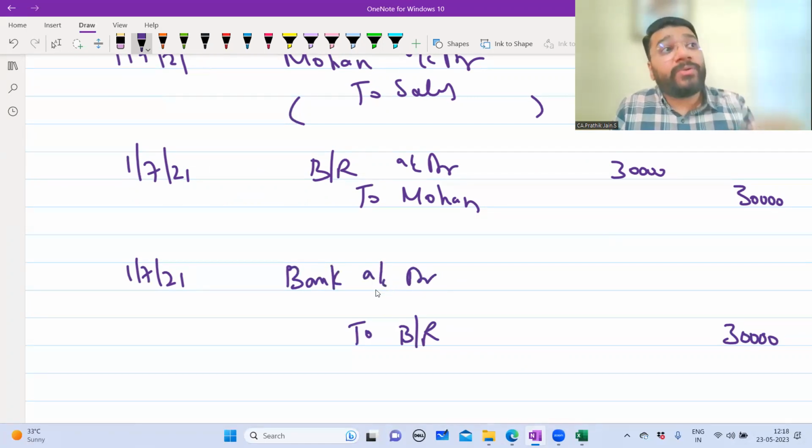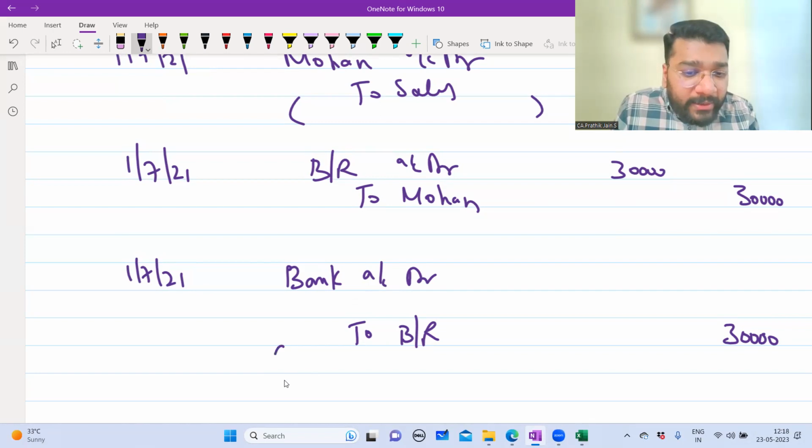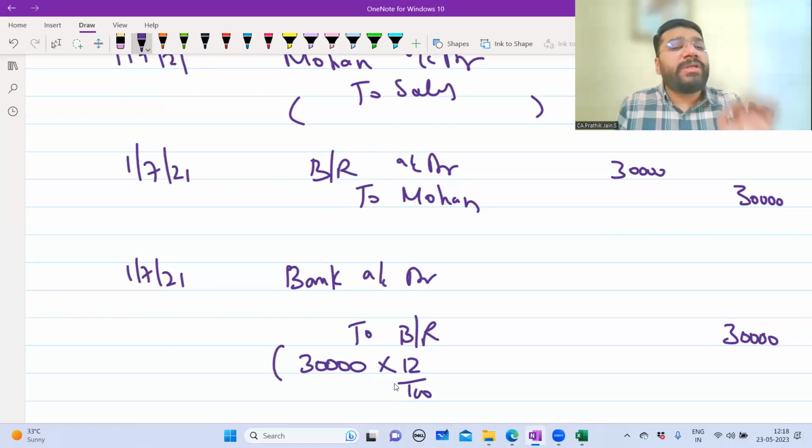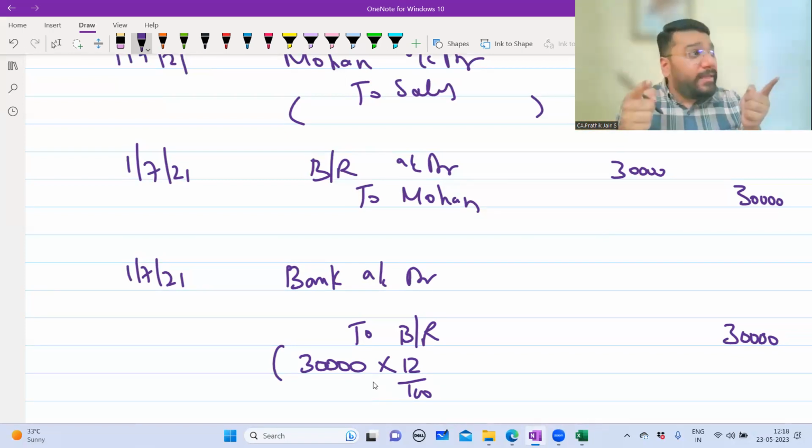Are you receiving the full 30,000? No, you're receiving less than that because the amount subtracted is the interest element. So how do we calculate interest? It's very simple. The banker is going to hold your 30,000 rupees at the interest rate of 12% per annum. So if you calculate 30,000 into 12 by 100, that becomes the interest for the entire year. Am I enjoying the amount for the entire year?